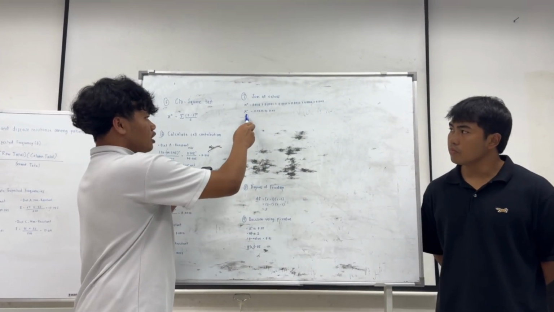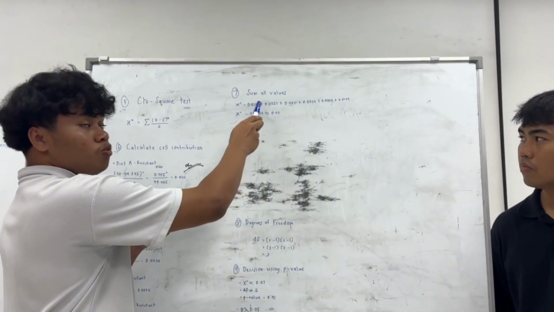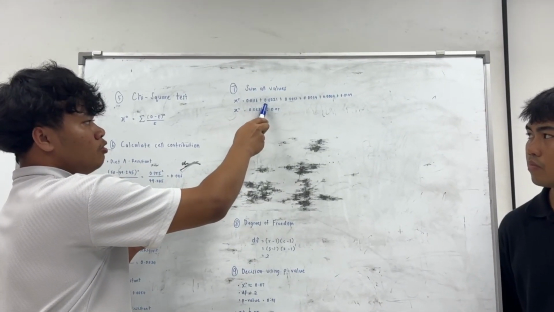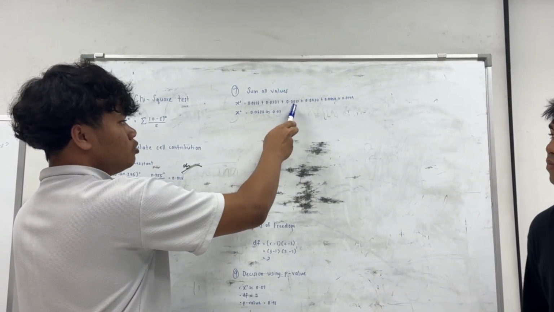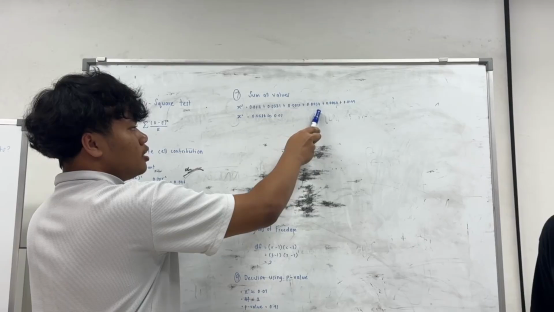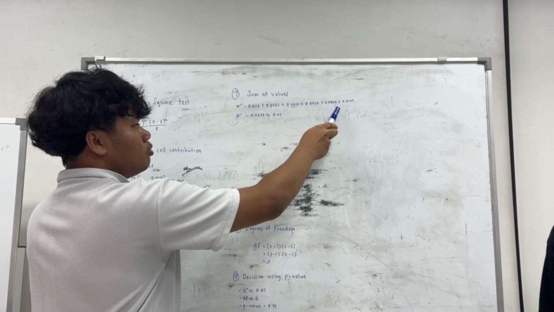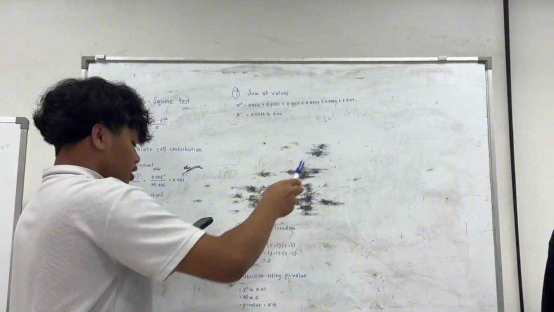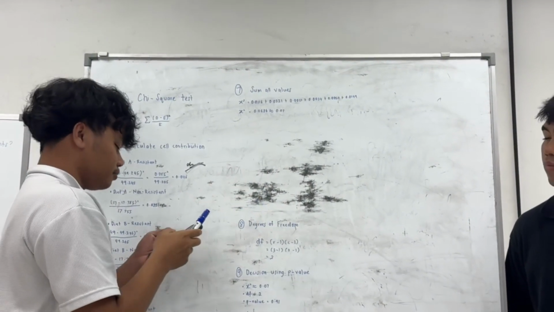So X squared equals 0.0116 plus 0.0321 plus 0.0012 plus 0.0034 plus 0.0054 plus 0.0149, and you get the answer 0.07.